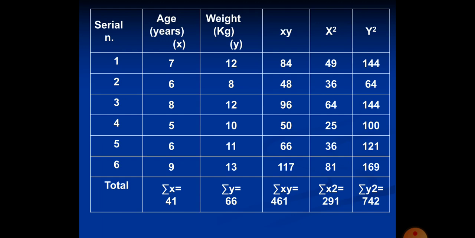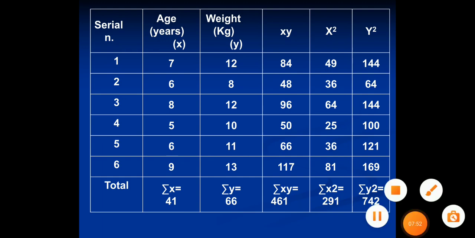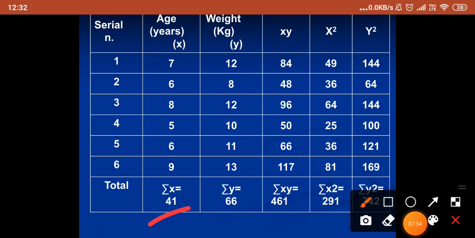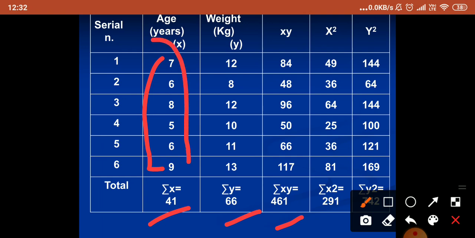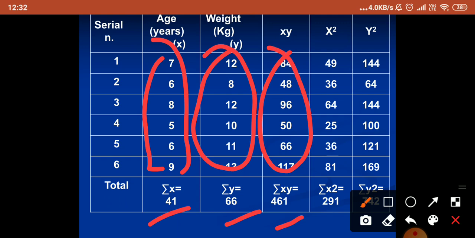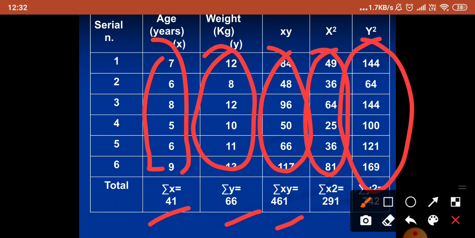Now in the total row, you have to add the quantities in the first column, second column, third, fourth and so on. You have to add all these quantities here. Sigma means summation of all the terms that are here. Adding these you will get sigma x, adding these you will get sigma y, adding these you will get sigma xy. This will give you sigma x square, this will give you sigma y square.